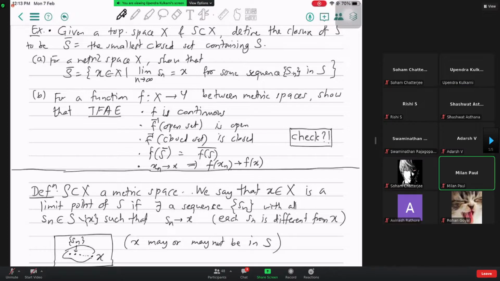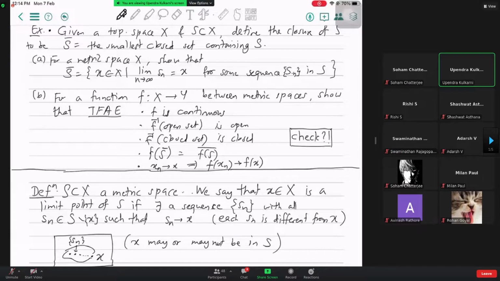Yes. So notice that I'm not saying anything about whether this point is in the interval or not. I just do not want the elements of the sequence themselves to be the point that I'm considering. The reason for this is that, for the sake of this limit point, I do not want to consider the stupid sequences.